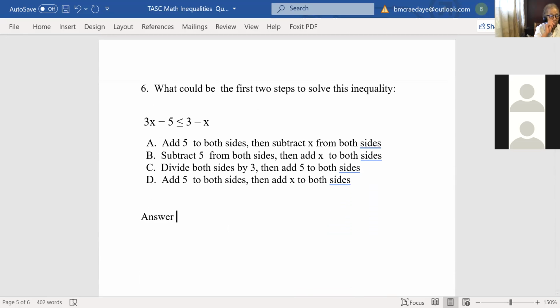That's why I say what could be, because there's more than one way to do it. You have to do 2 steps to get your x's together and your constants together. Which of these choices match?